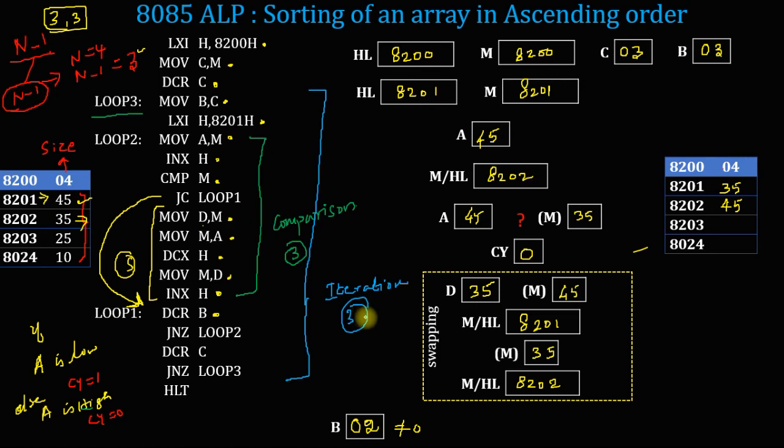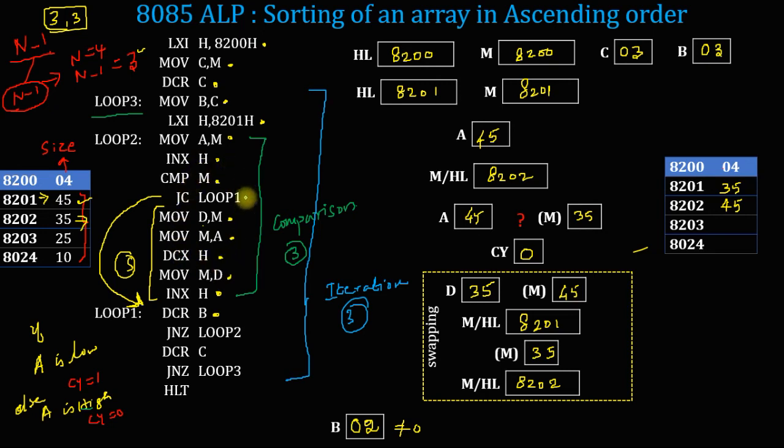I told you, during execution of a sorting of an array problem, we need to complete 3 iterations and 3 comparisons per iteration. While starting the program, 3 comparisons will happen for 1 iteration. After completing the 3 comparisons, again the B register will be loaded with the same value 3, so we start the second iteration, in which 3 comparisons happen.